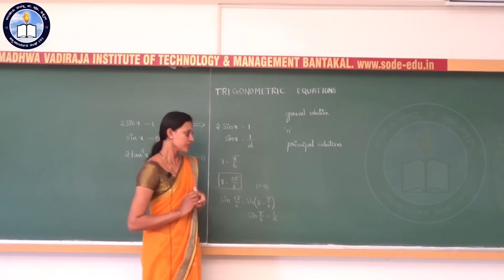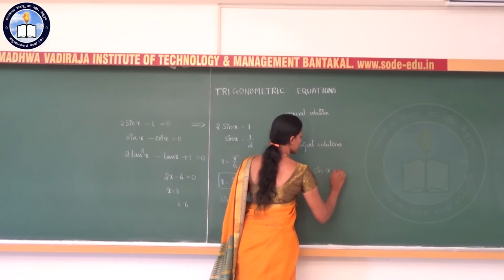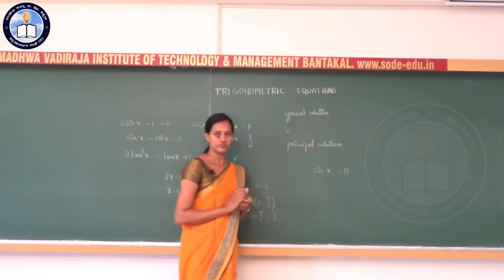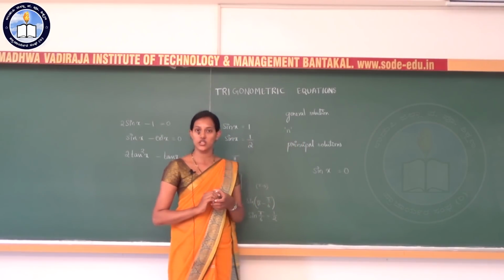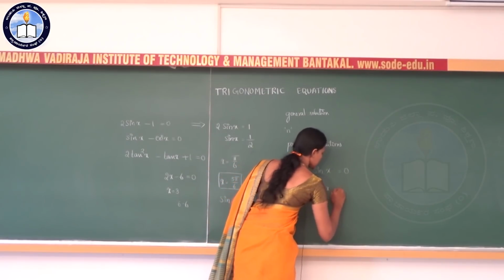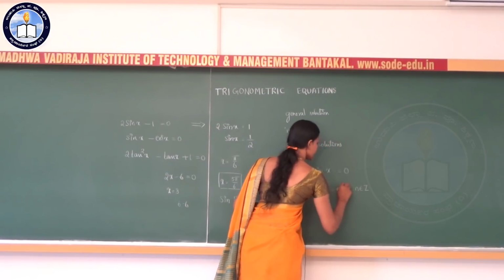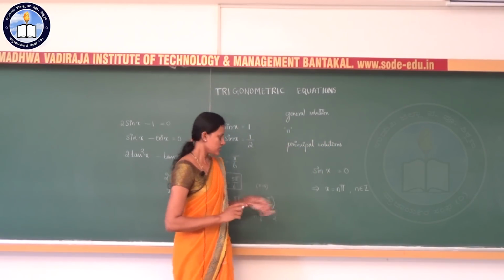For example, let us consider an equation sin x is equal to 0. Sin x is equal to 0, you have studied that this implies x is equal to n pi, where n is an integer.